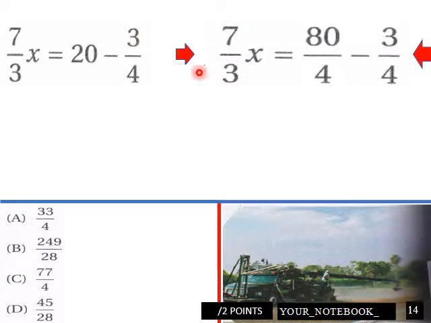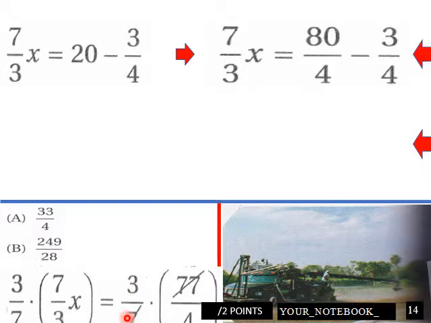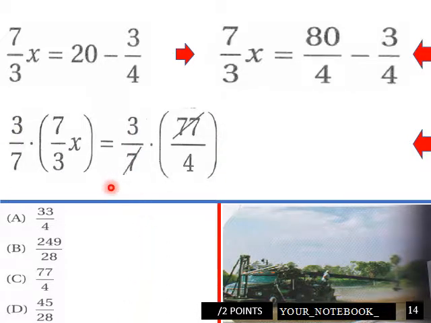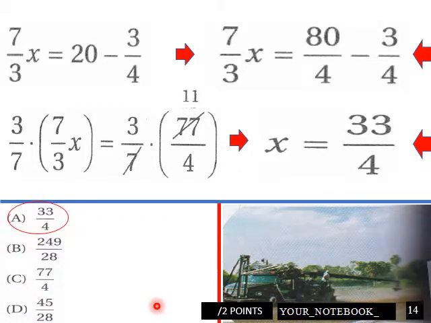Then we end up with this, and we combine our like terms. Again, we do some canceling, so we need to isolate our x. We get x equals 33 over 4, which would be A.